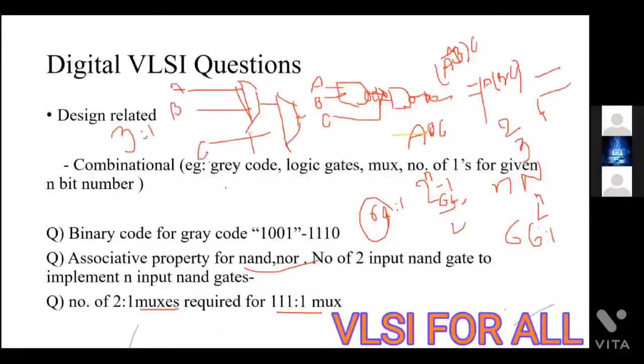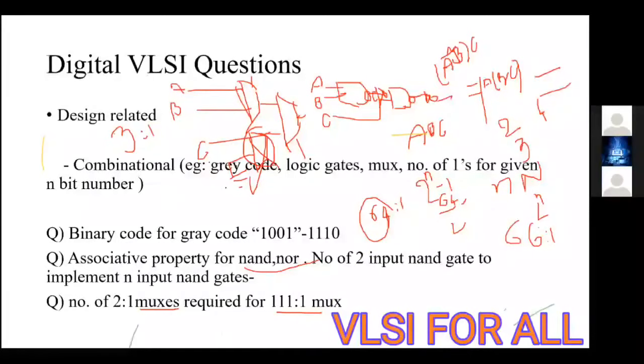Whereas for the 4 is to 1, we'll be using 1 more MUX. To implement 3 is to 1 MUX from this 4 is to 1, you can directly place the other input as ground. But the problem with this circuit is that you are using 1 more additional MUX, which is not required. So for the effective implementation of 3 is to 1 MUX using 2 is to 1 MUX, you can remove this circuit directly and connect the input to C, and the select lines are given accordingly to select the proper input.